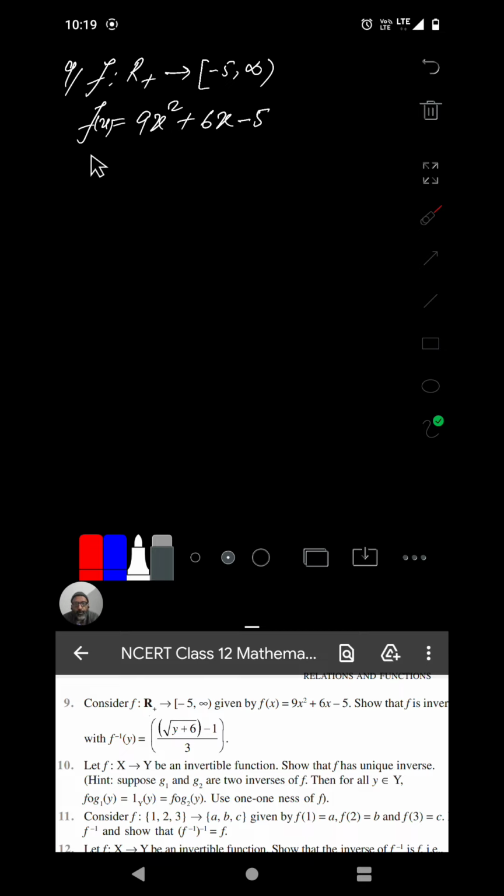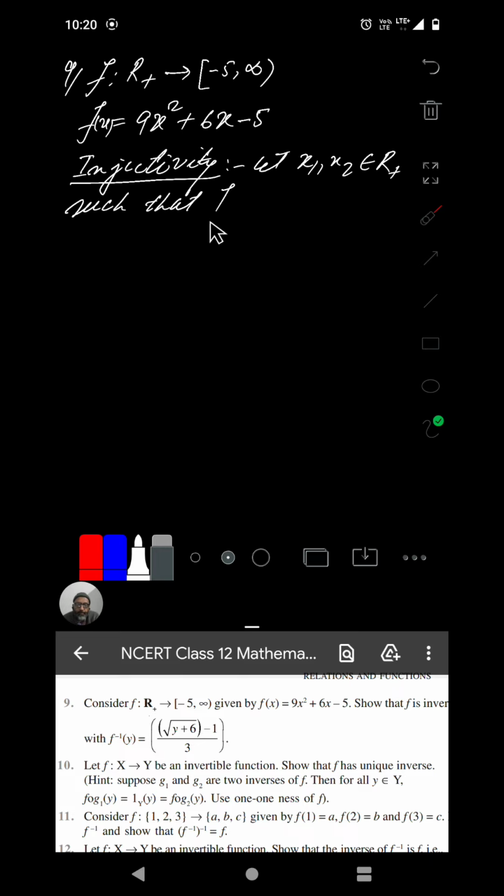So first we have to show injectivity of the function, then surjectivity, and if the function is bijective then it is invertible. So let us discuss injectivity first. For that we assume two arbitrary elements x1 and x2 from R positive such that f(x1) is equal to f(x2).